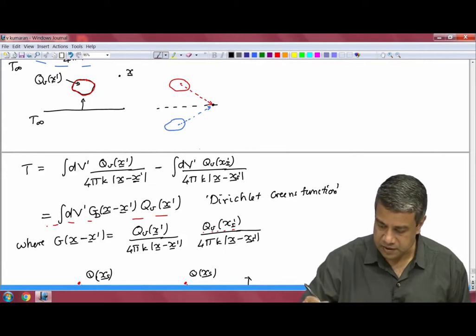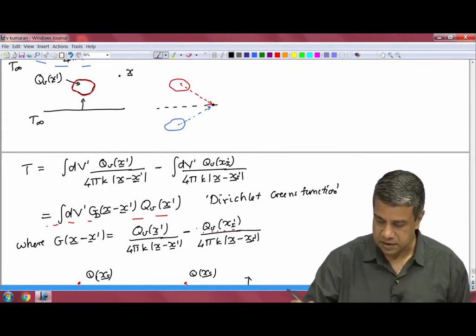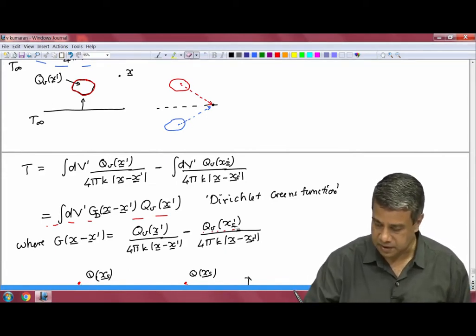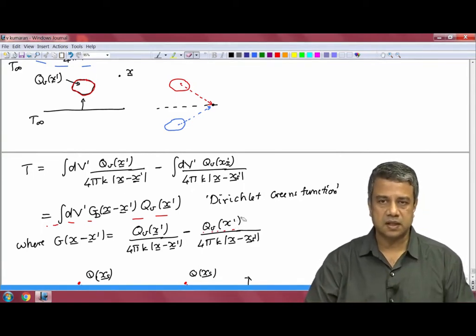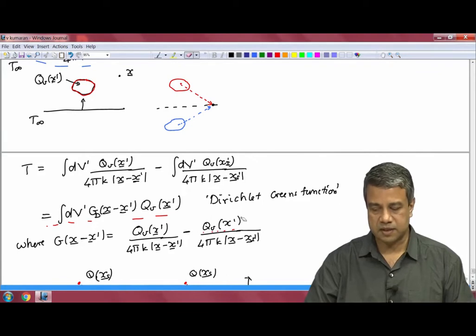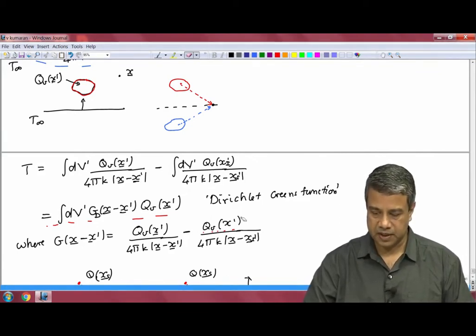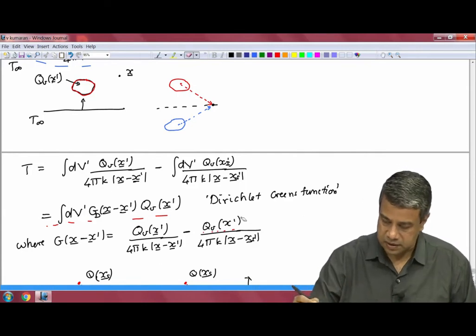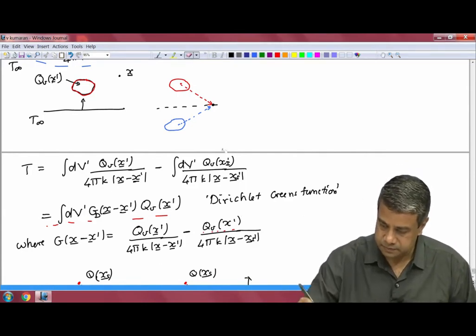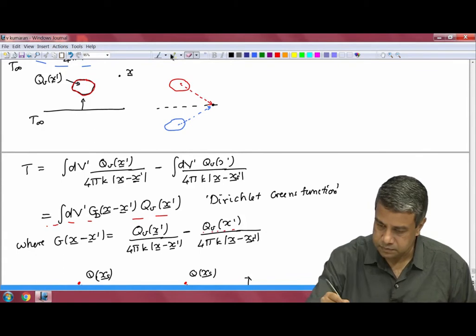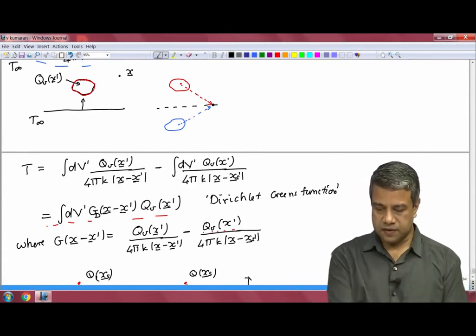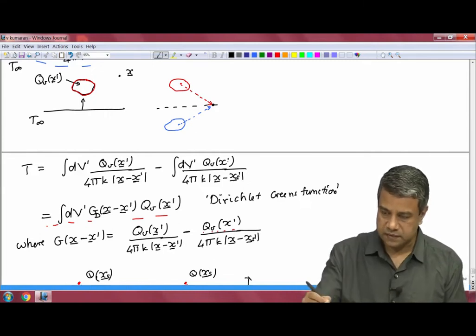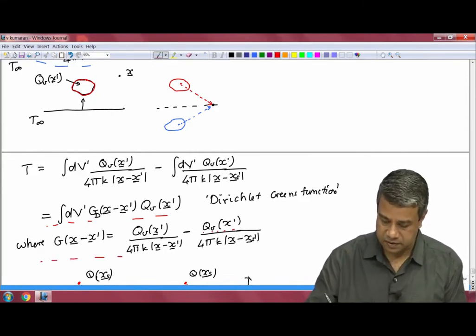If I put a negative sign here and just write this as x prime, this will give me the correct expression, because the source strength at xi prime has to be negative of the source strength at x prime. So, I should write this as QE at x prime. And this for us defined the Green's function.